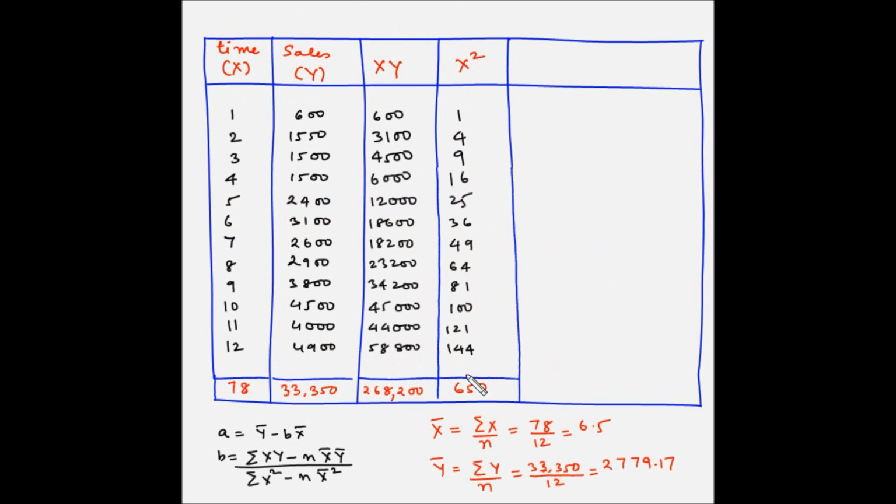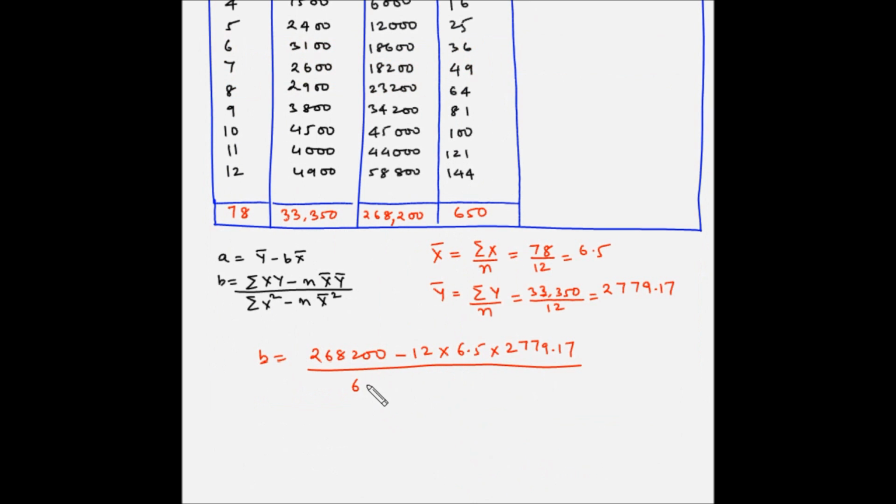So this is x square, sum is 650, minus n, which is 12, multiplied by x bar square. X bar is 6.5, so 6.5 square.